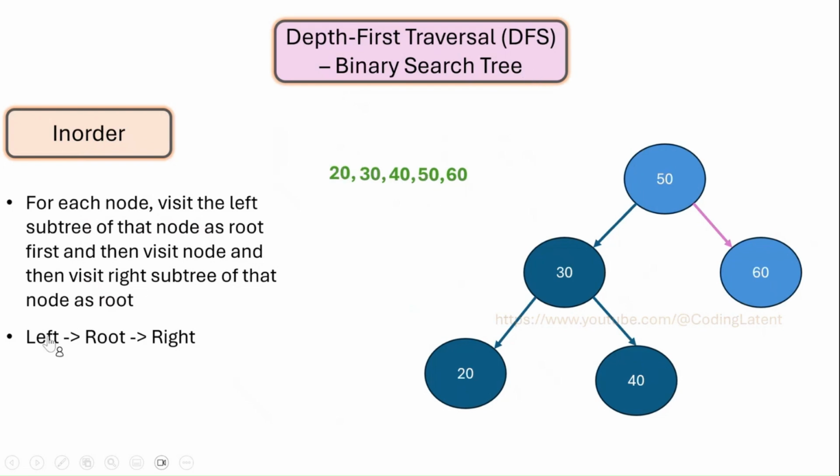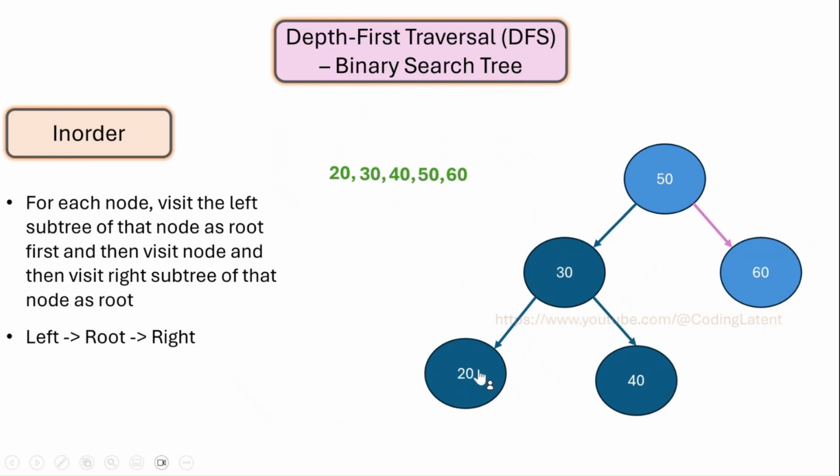Why? Because it is going on a left side first. Now the smallest element will be on a left side of the binary search tree, and then it is going to the root side. After the left side, the next greater element will be on the root, because for the root, the smallest elements are on the left side and greater elements on the right side.